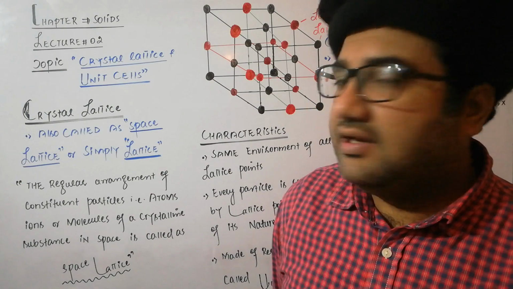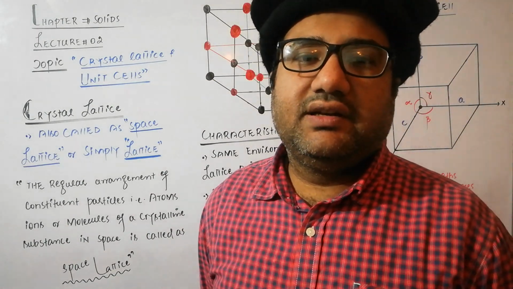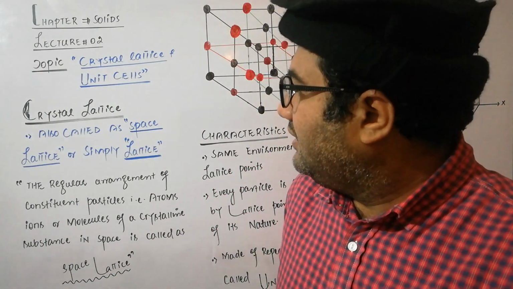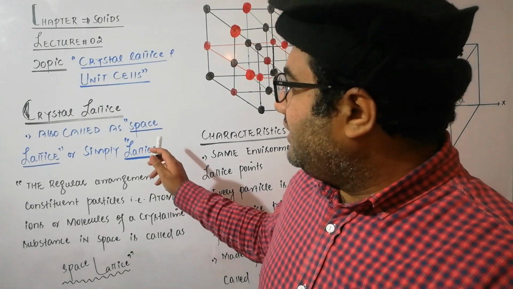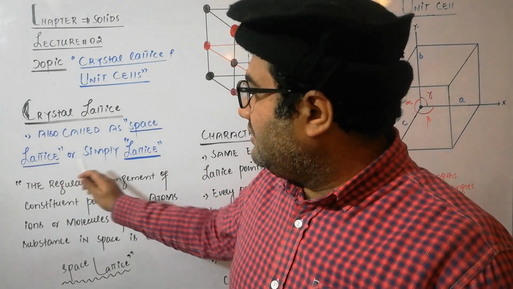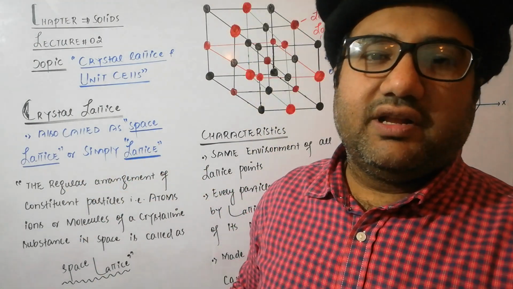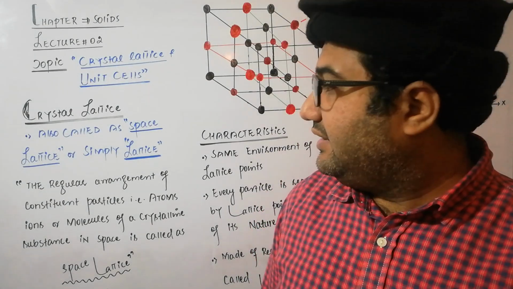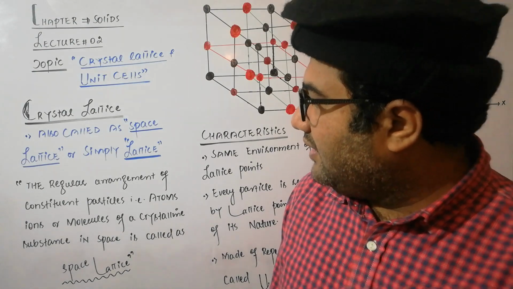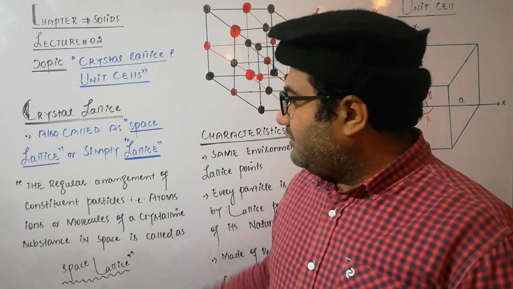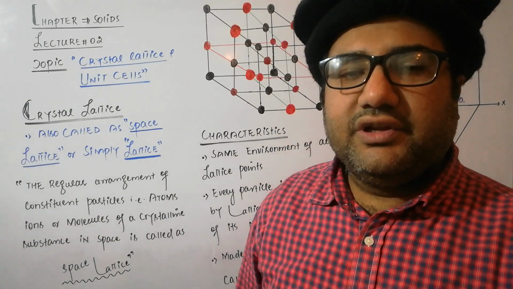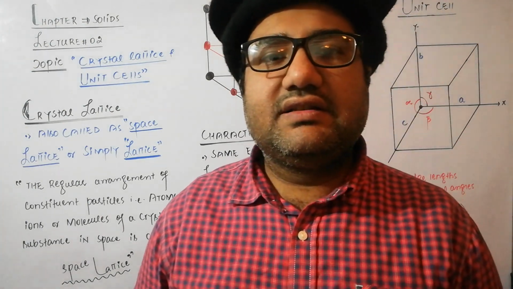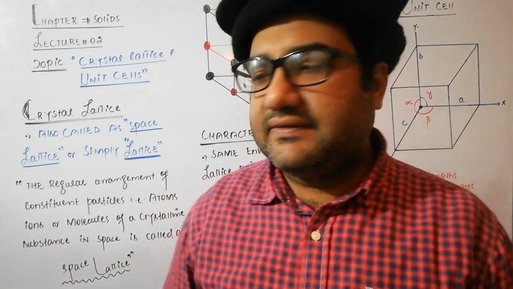First of all, let us discuss what is meant by the crystal lattice. A crystal lattice may also be called the space lattice, or simply the lattice. Now, how can we define the crystal lattice? The regular arrangement of constituent particles. We know that in a crystalline solid there is a regular arrangement of the particles.